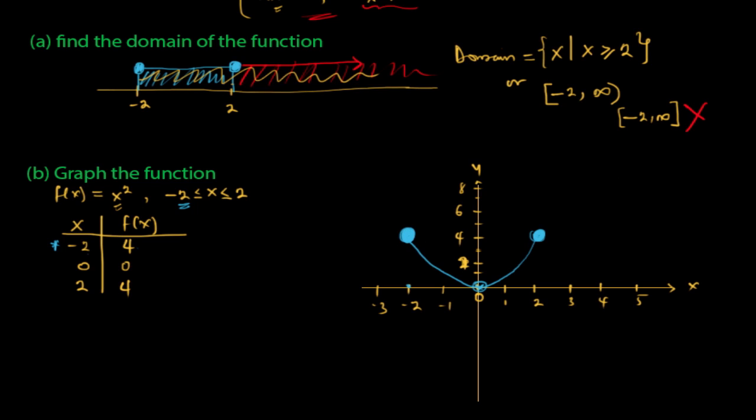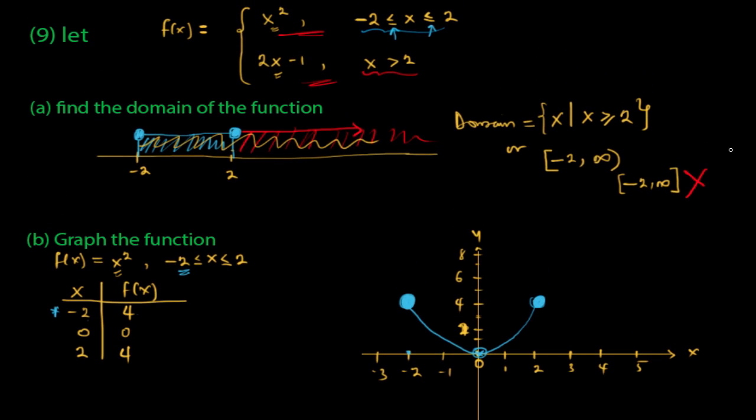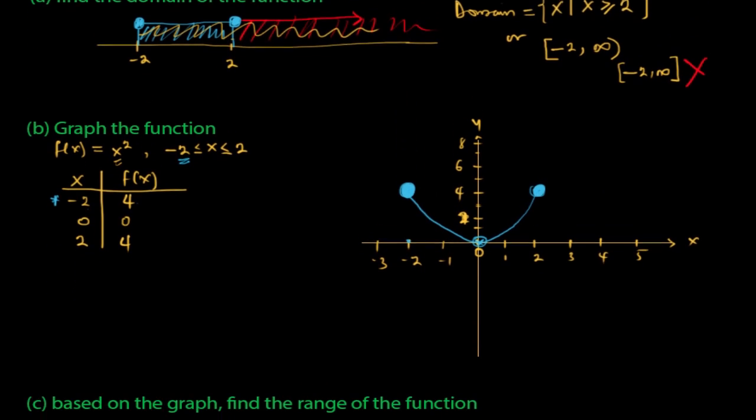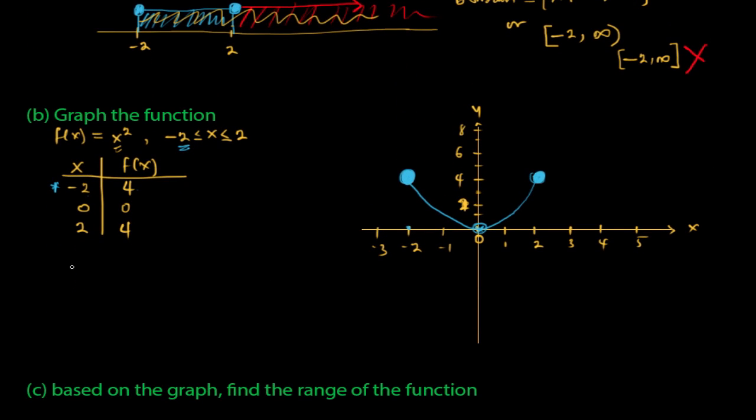Now this is for the first definition. Now let's go to the next definition, which says f of x equals 2x - 1 when x is greater than 2. So let's do that also. For f of x equals 2x - 1, for x greater than 2, let's go ahead and draw a table of values for that.